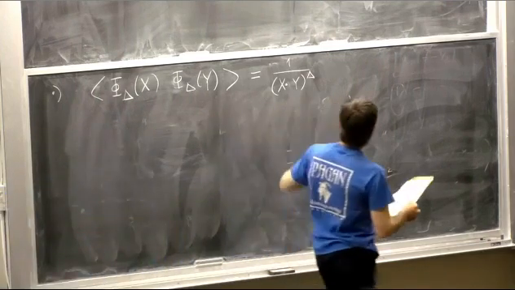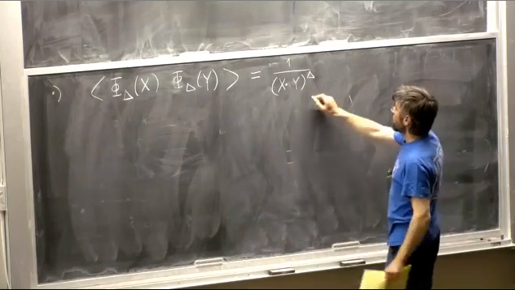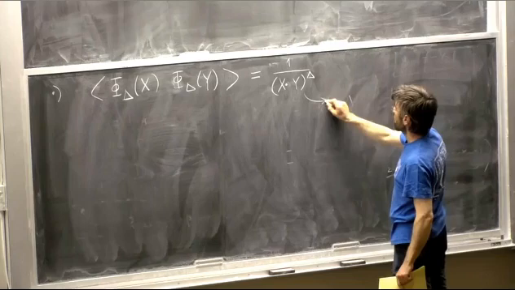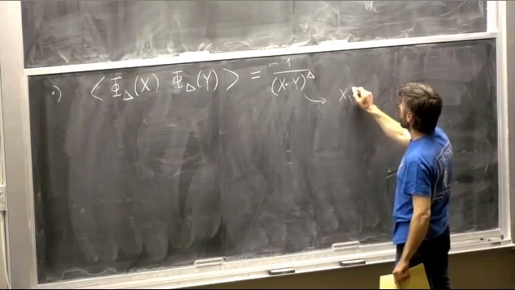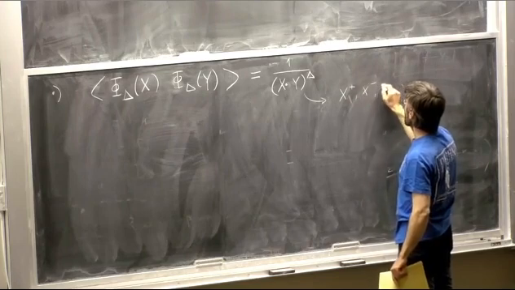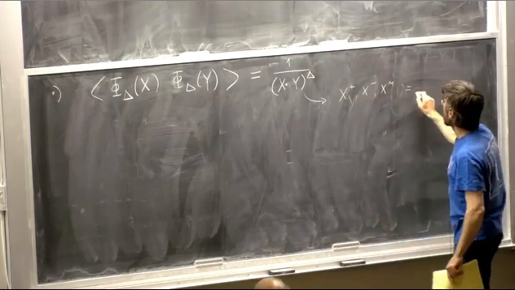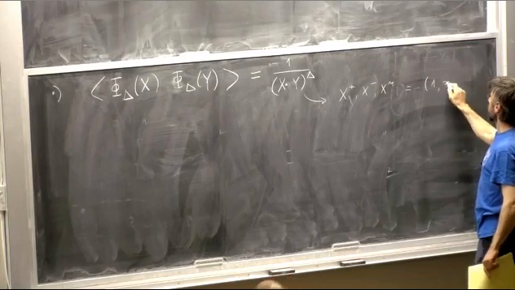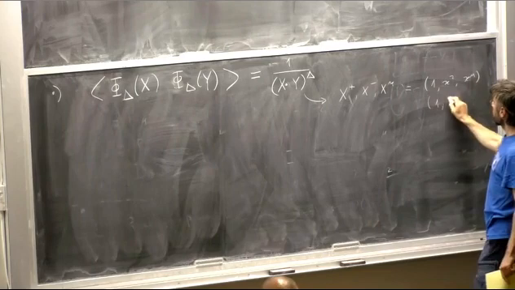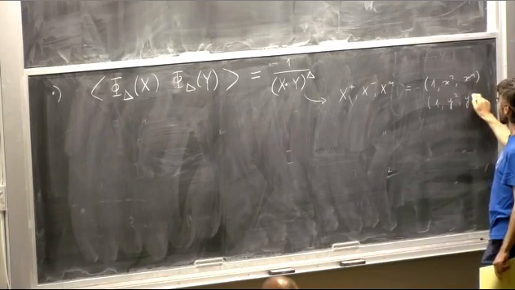Now we take this formula and we would like to project it to the section to recover the physical two-point function. So I pick x plus, x minus, x mu equals 1, x squared, x mu, and similarly 1, y squared, y mu.